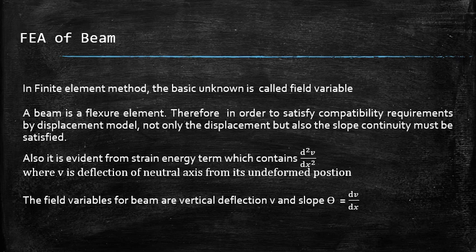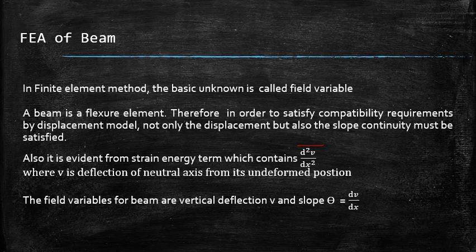Also, it is evident from the strain energy term which contains d2v by dx square, where v is vertical deflection of neutral axis from its undeformed position. Now, since the strain energy term of beam contains d2v by dx square, what is v? V is the vertical deflection of beam.